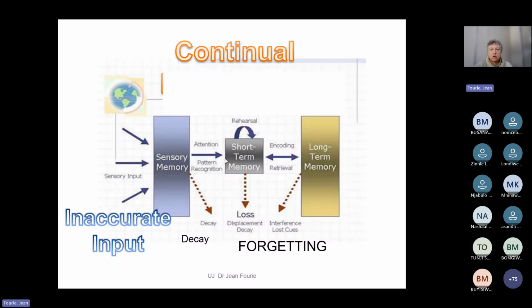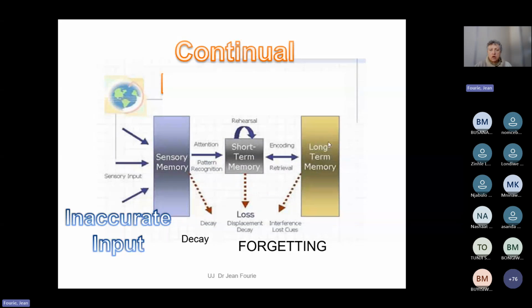So our short-term memory is constantly displacing the information that is in it in these small little chunks. And so that loss is called displacement decay. Information is encoded into long-term memory, and we do retrieval and constant backwards and forwards from long-term to short-term memory.